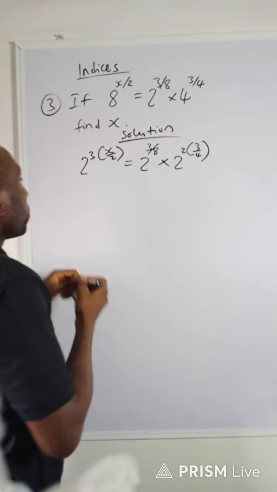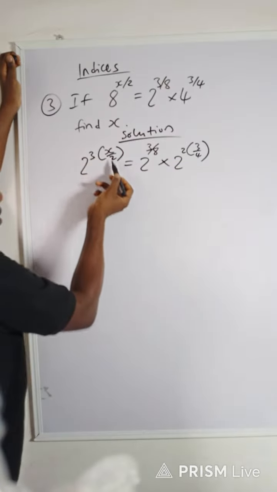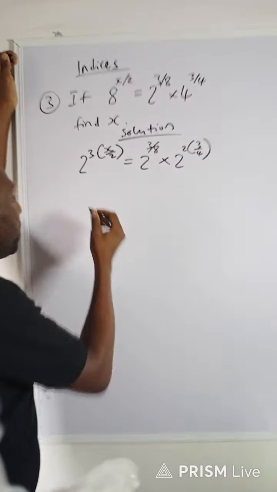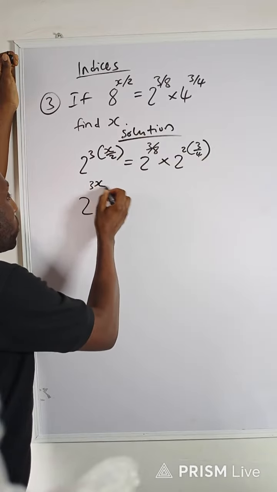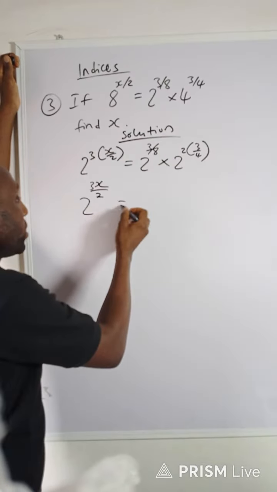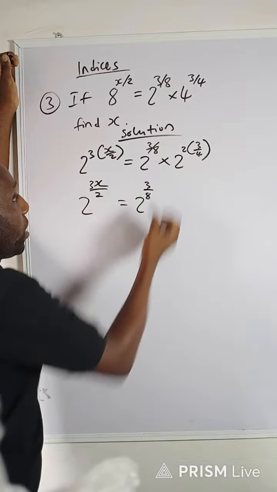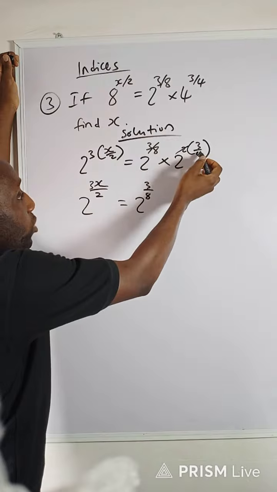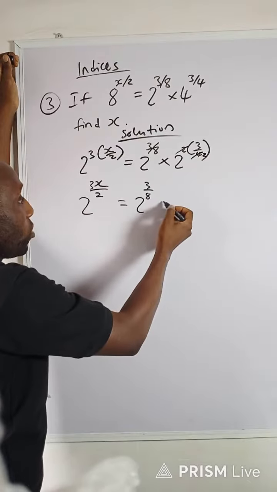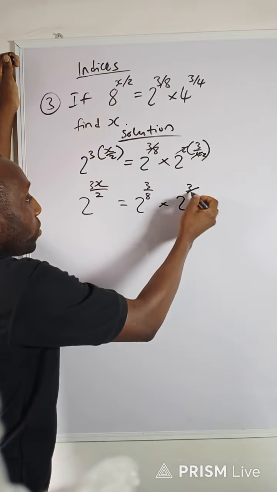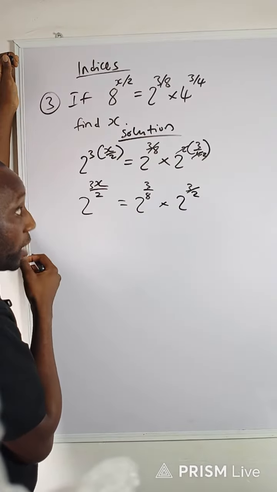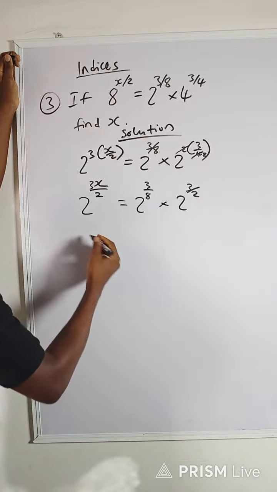Very good. So let's multiply 3 times x over 2 using the power of a power rule. It's going to be 3x over 2. And this is equal to 2 to the power of 3 over 8. Are you seeing that? Let's simplify this. 2 goes into 4, you have 2. So that's 3 over 2. Are you with me? Okay, so let's move on.